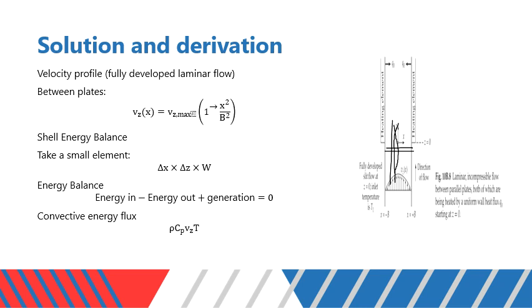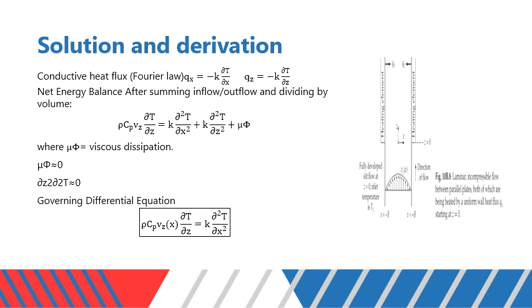Energy in is equal to energy out. Energy in minus energy out plus generation should be 0. So for convective energy flux, we have rho Cp Vz. Mu phi is viscous dissipation.